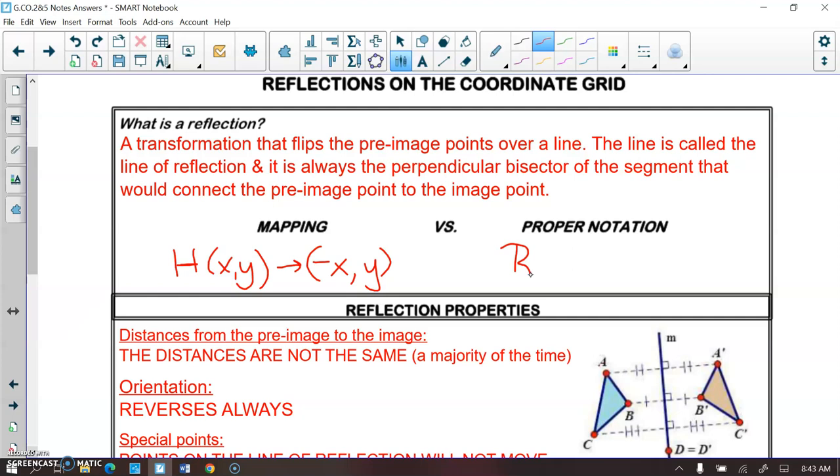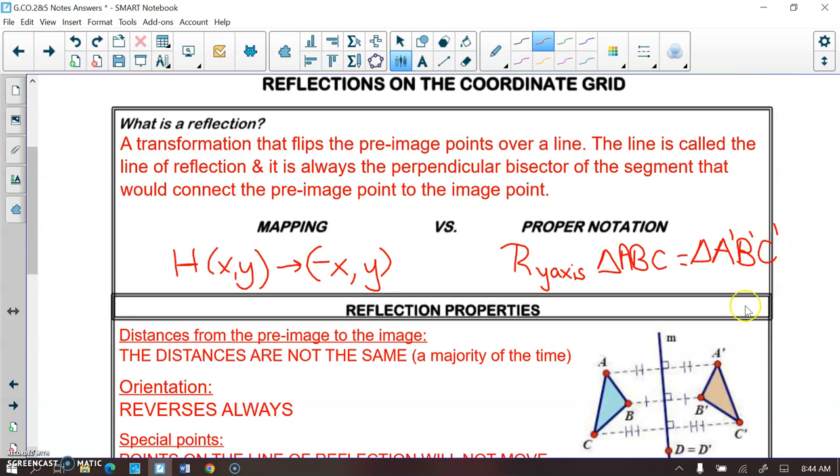Whatever line you're reflecting over goes in your subcategory. Then you have to state what shape you are reflecting. I'm just going to stick with triangle ABC. And then what the image is of that pre-image: triangle A prime, B prime, C prime.